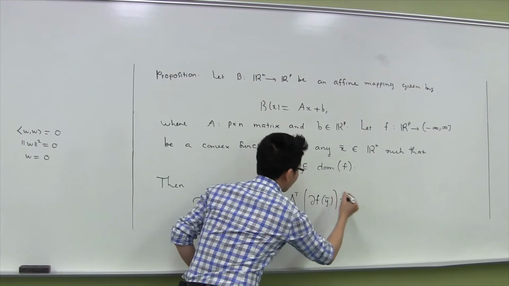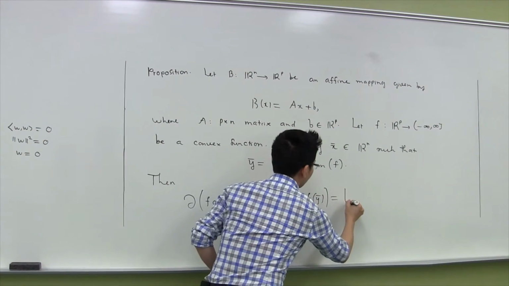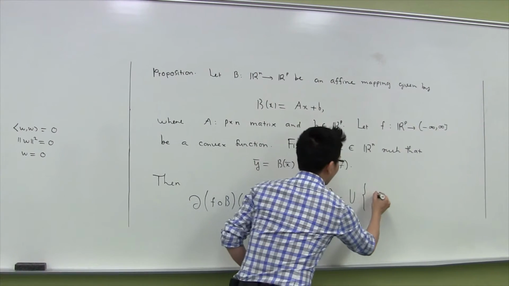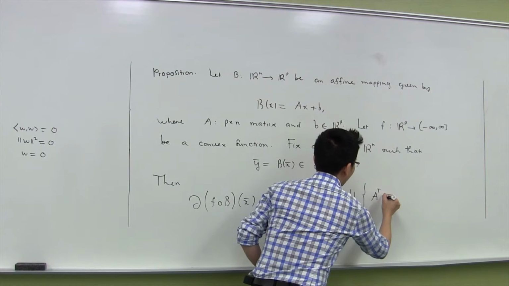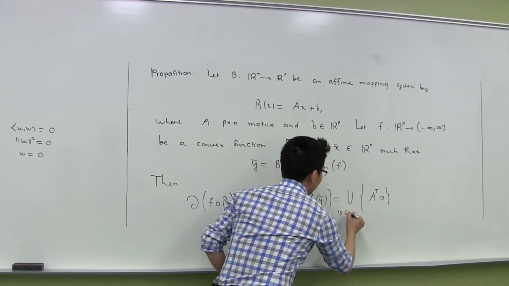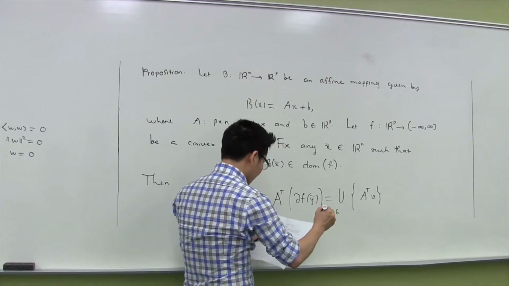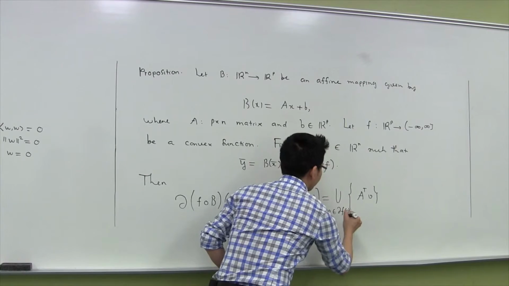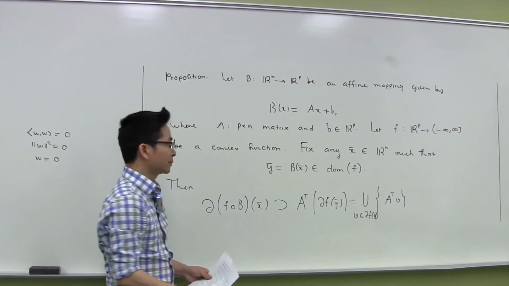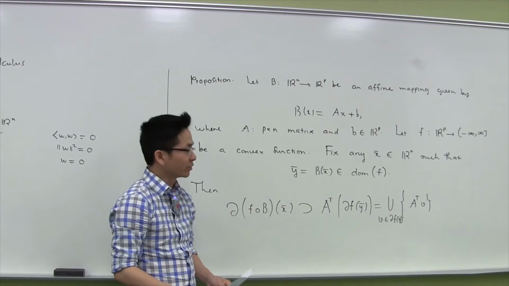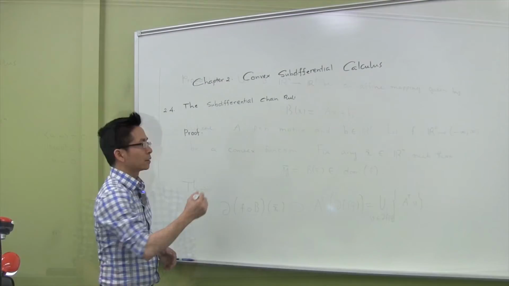So this is just the union of all elements of the form A transpose times V, where V belongs to the subdifferential of the function f at y bar. Okay? So let me go ahead and give the detailed proof of this proposition.